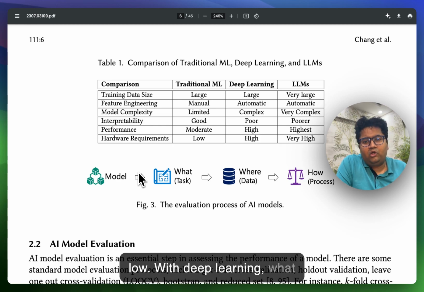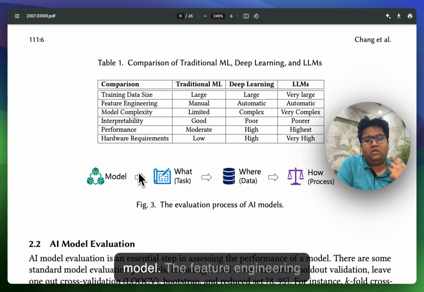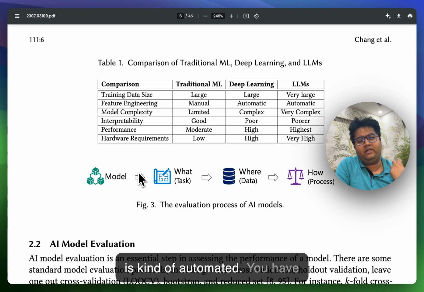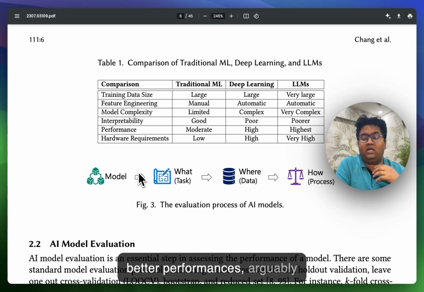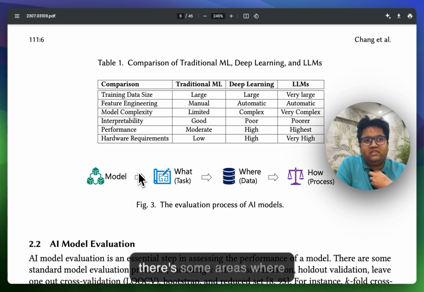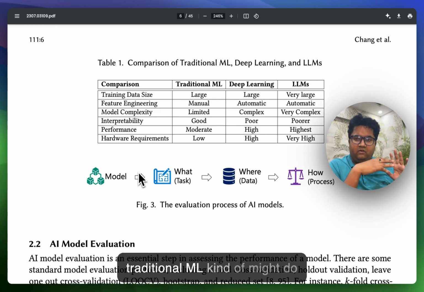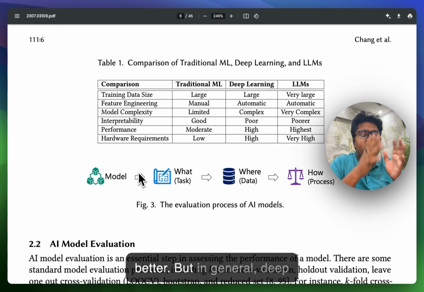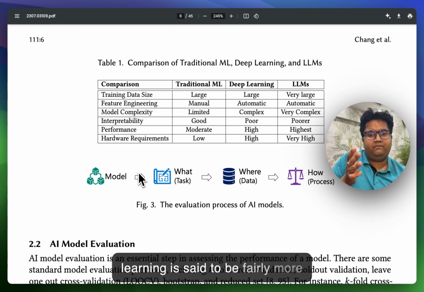And with deep learning, what you have is a much more complex model. The feature engineering is kind of automated. You have better performance, arguably better performance, because there are some areas where traditional ML might do better. But in general, deep learning is said to be fairly more complex.